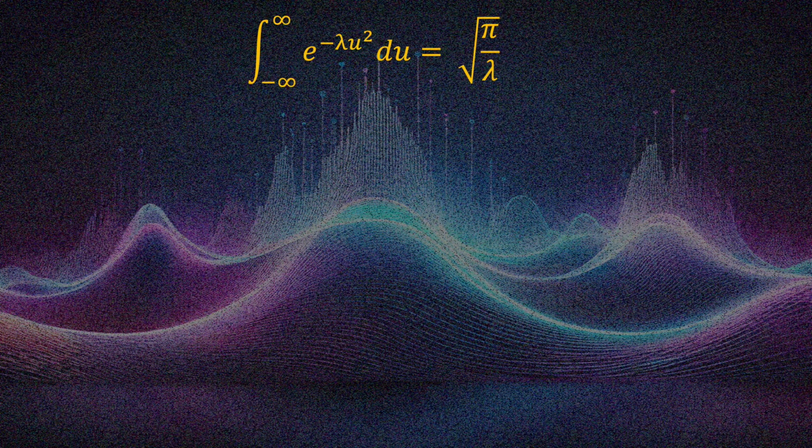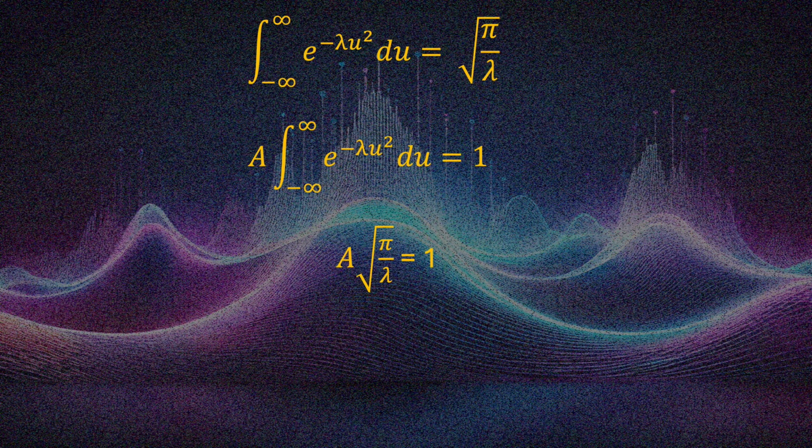These are very famous integrals, and you can find the exact answer, which is the square root of pi over lambda. Now we can get our A, and A becomes the square root of lambda over pi, and we found our normalizing factor that will help us normalize our wave function.